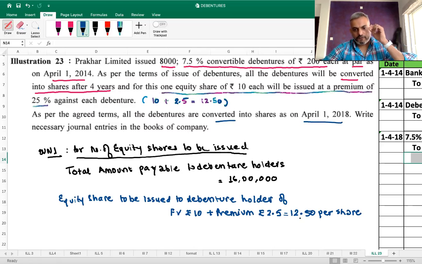So equity share of 12.5 is to be issued towards this rupees 16 lakh.